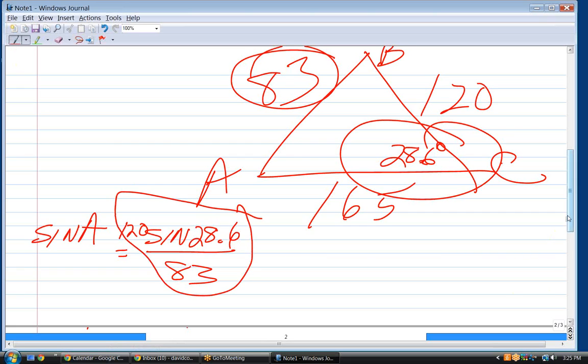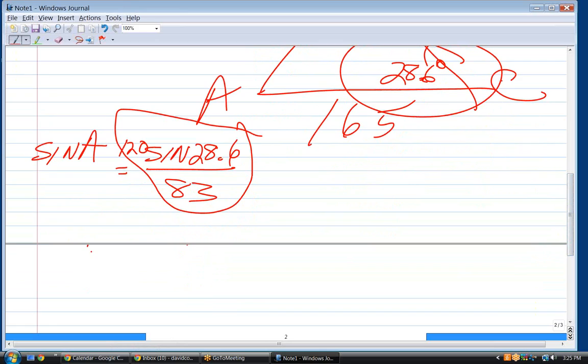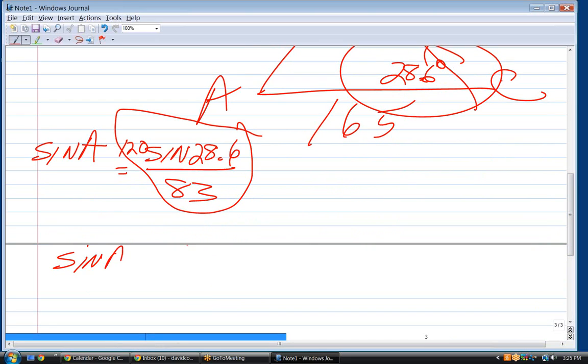What do you get for the sine of A? The sine of A equals 0.69. And then what do you get for angle A? It equals 43.7 degrees.